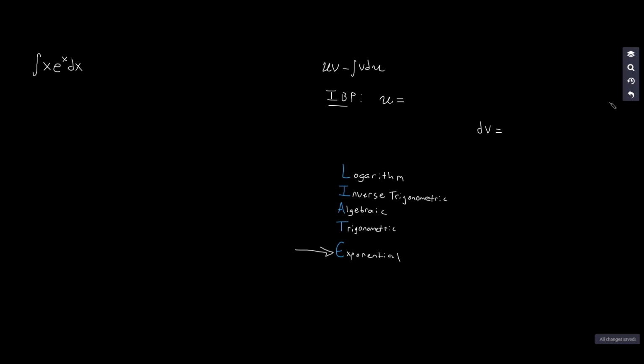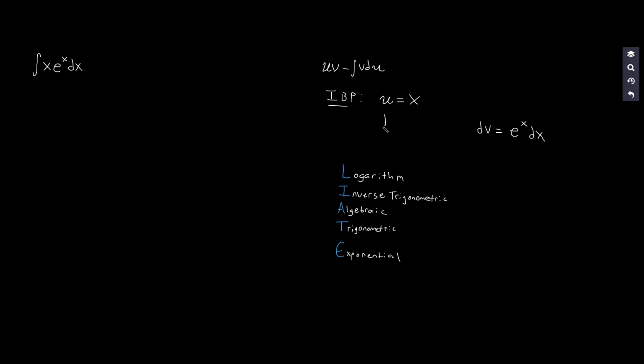That means I'm going to assign u to be x, and dv is going to be e raised to the power of x, and we're going to put integration with respect to x here because we will be integrating this shortly.